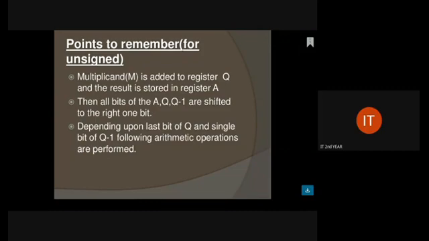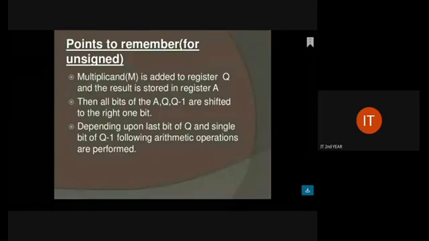Then all the bits of A, Q and Q minus 1 are shifted to the right by 1 bit using a shift register. We will see the valuable implementation of the shift register in this Booth multiplication algorithm.